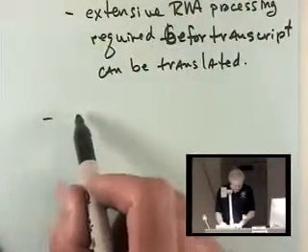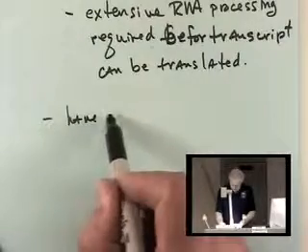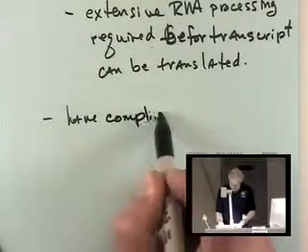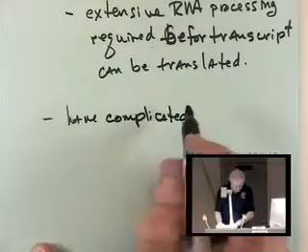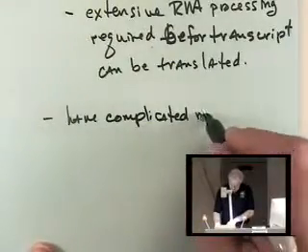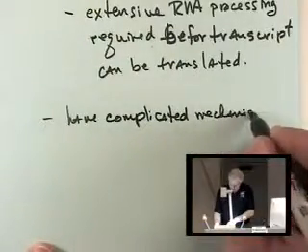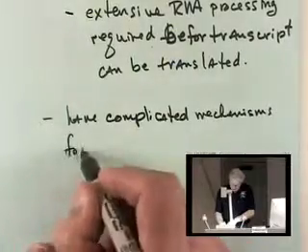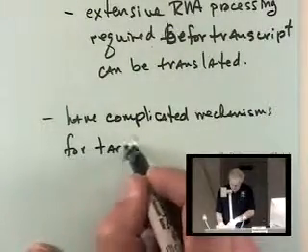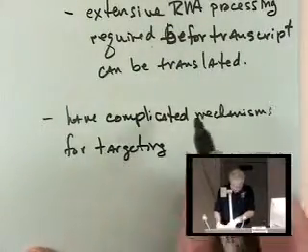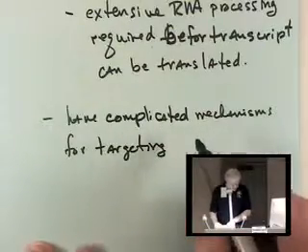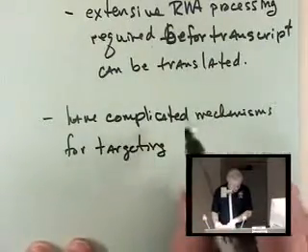Also, we could say that eukaryotes have complicated mechanisms for targeting proteins to the appropriate cellular organelles, subcellular organelles.